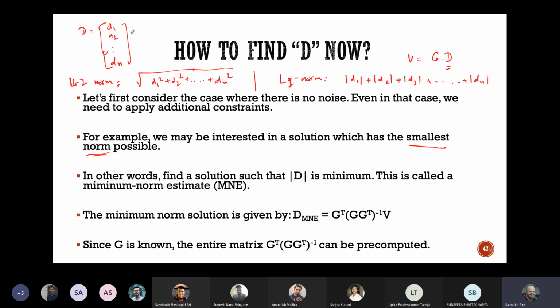So you can think of this as the total dipole energy, and let's try to find a solution so that this energy is minimized. This is called a minimum norm estimate. And I'm going to show you in the next slide that this solution is going to be given by this.